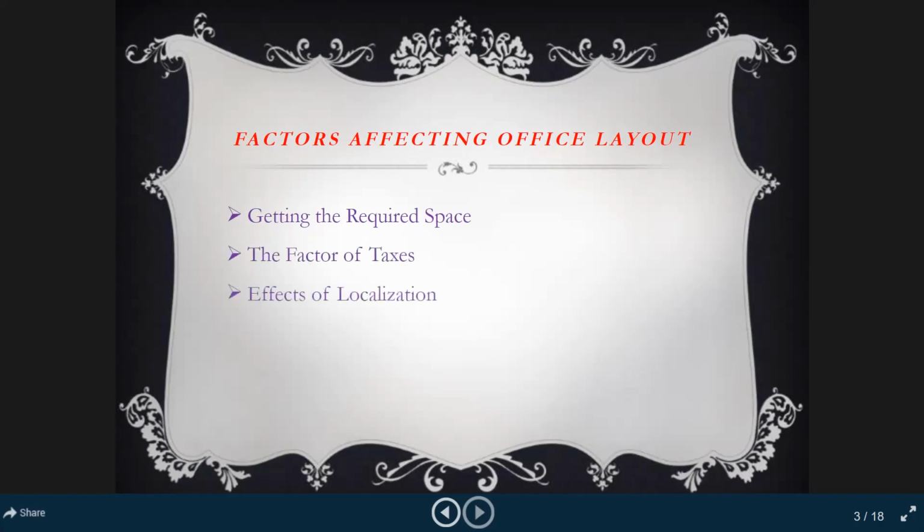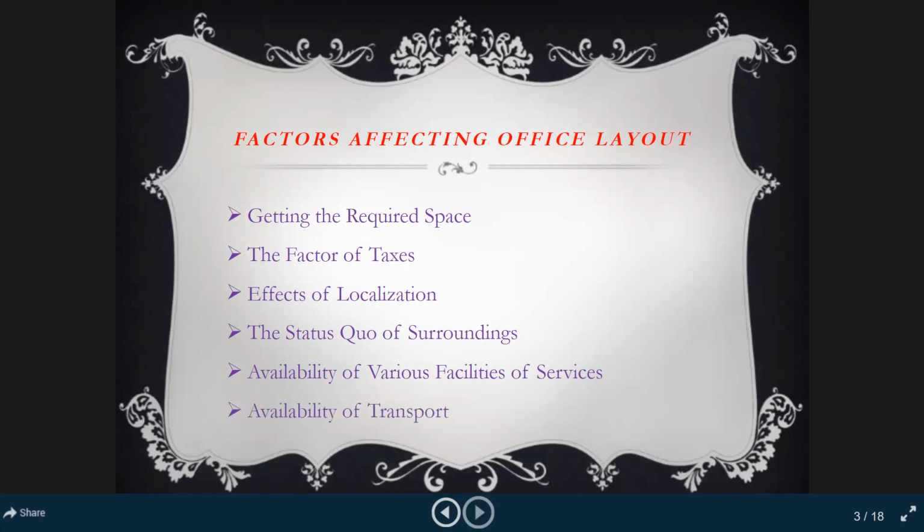So there are some key factors. What are they? Getting the required space, factor of taxes, effects of localization, the status, the surroundings, availability of various facilities and services, availability of transport.